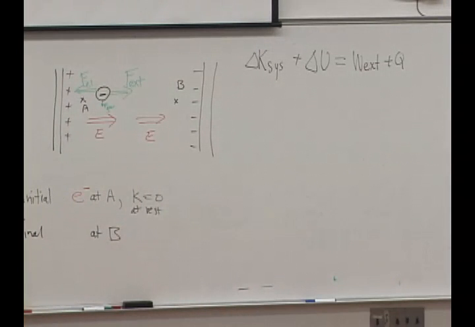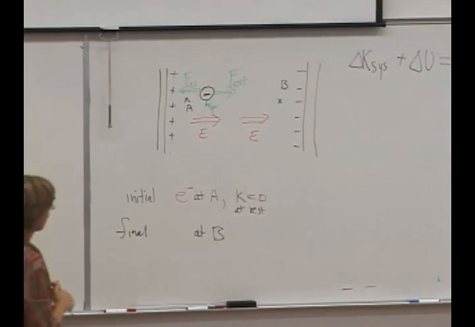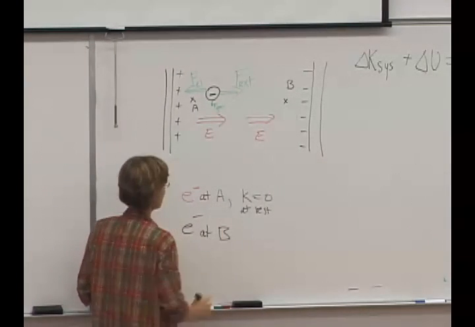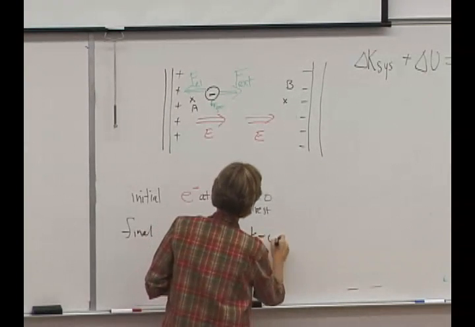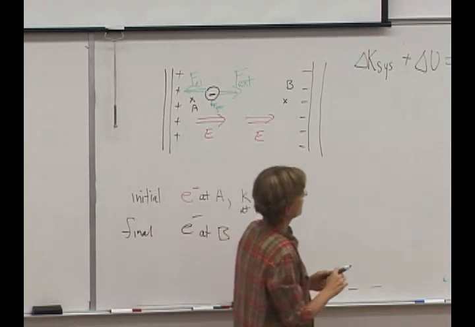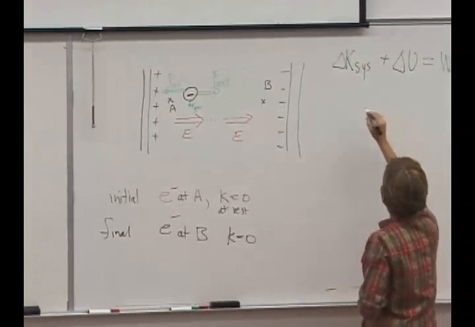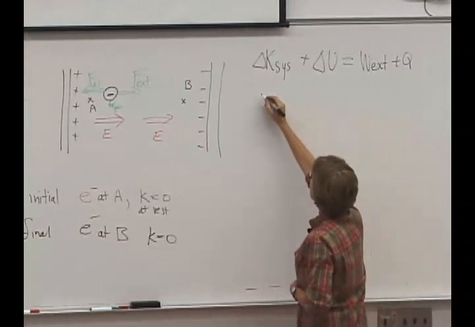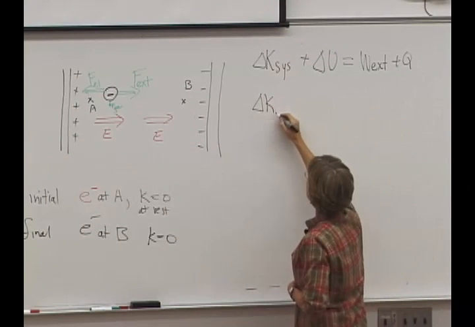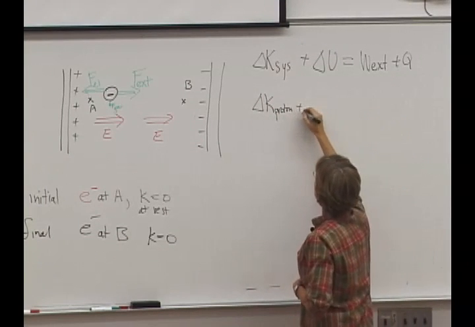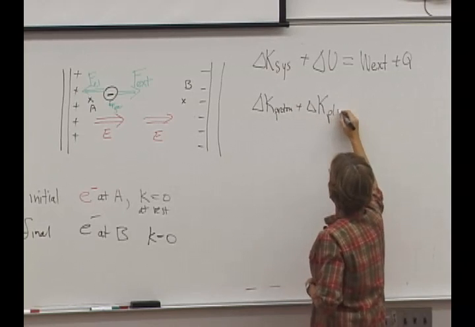Okay. So final is the electron at B, still at rest. All right, so let's see here. We have the change in kinetic energy of the proton plus the change in kinetic energy of the plates.